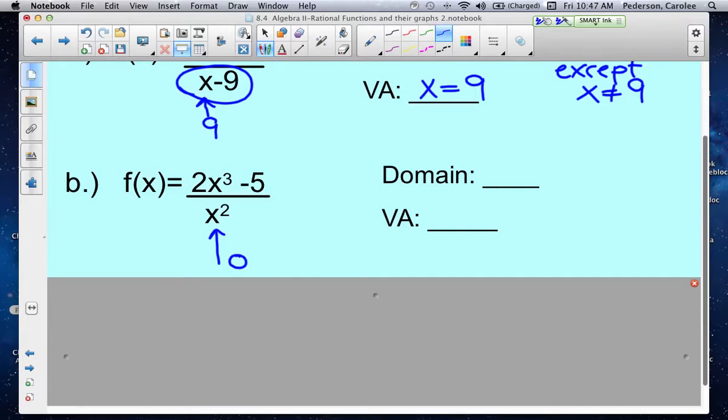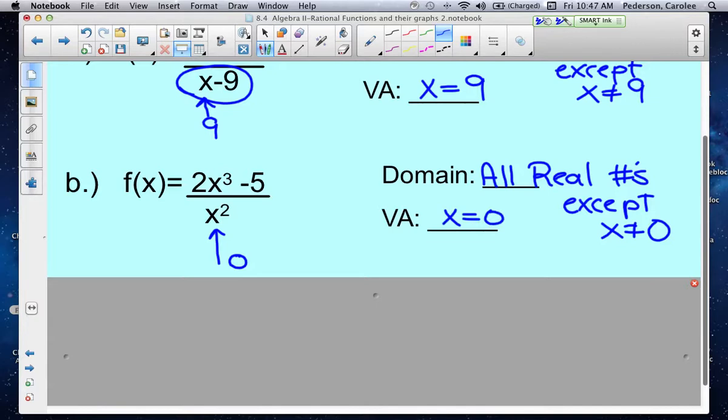That makes it undefined. So that is my domain restriction. Every number in the x values, negative and positive, would work except for 0. So the domain is all real numbers except x can't be 0. Then you would have a vertical asymptote at 0.